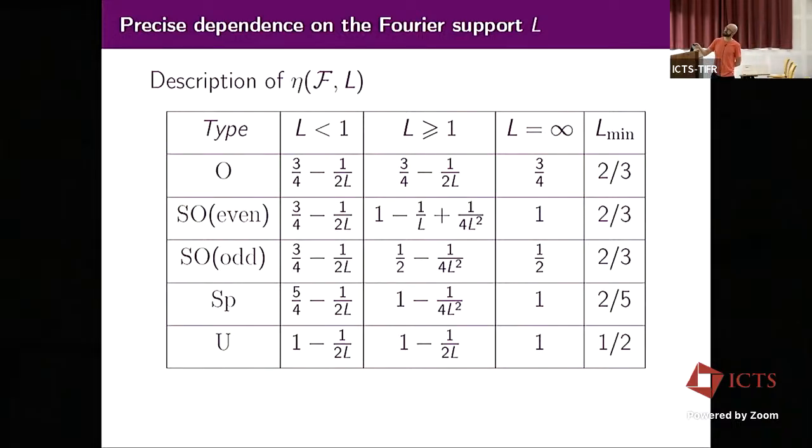But what we notice is that if we have the density conjecture for any phi, allowing L to be infinity, any Fourier support, so pretty concentrated phi, then you cannot even get one in the case of any family.